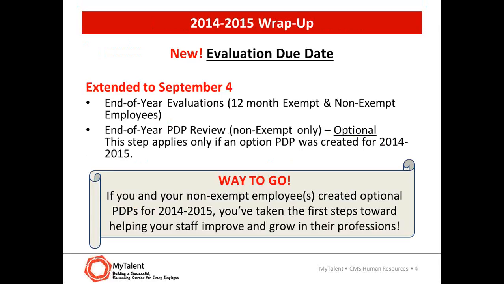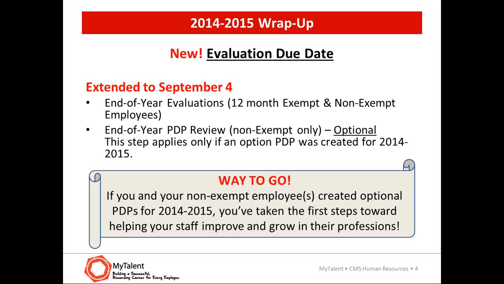To follow up with our 14-15 wrap-up, we do have a new evaluation due date for our exempt and non-exempt employees, which there are not many in the schools. We have extended the deadline from August 14th to September 4th, and September 4th will be our final deadline for all 12-month exempt and non-exempt evaluations to be completed.